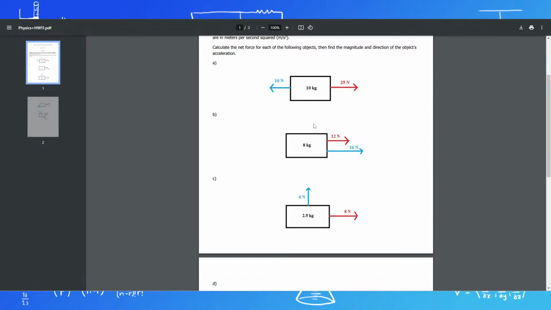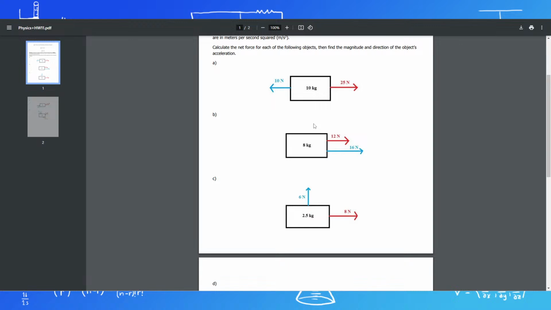So 28 over 8, what is that? Well, 24 over 8 would be 3, so 3.5, right? 3.5 meters per second squared compared to the 1.5 that we got for the first object.